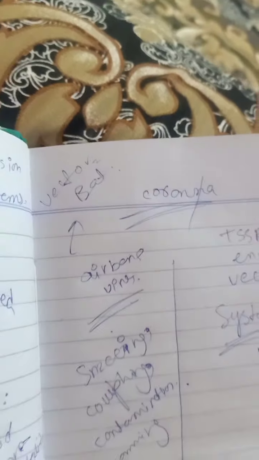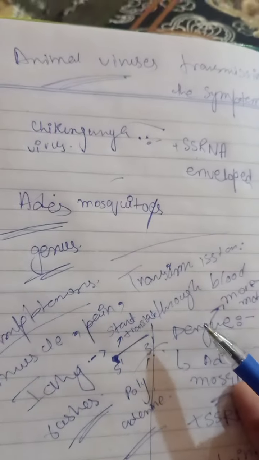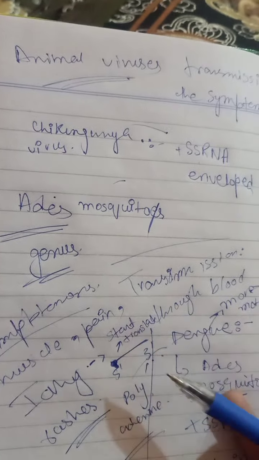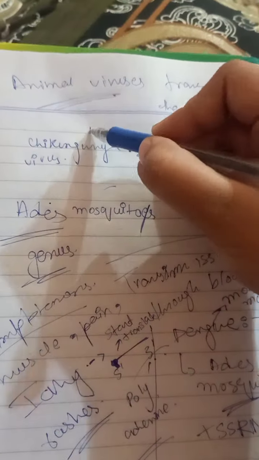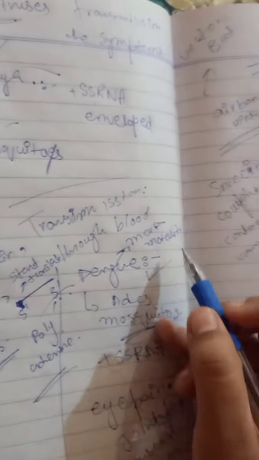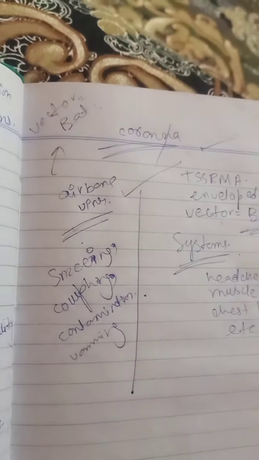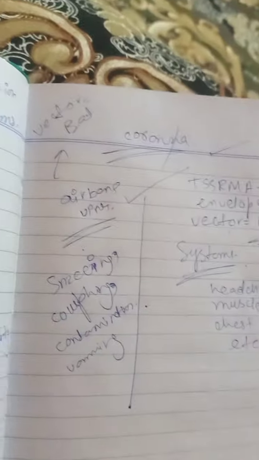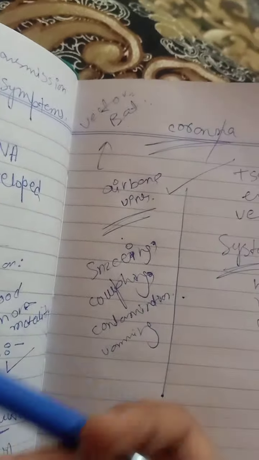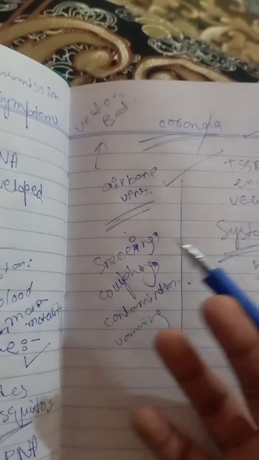Okay, so these were all the animal viruses that affect animals or human beings. The first one was chikungunya, second was dengue, third was corona, and fourth was the airborne disease. These are all viruses that cause disease in our body, and they have symptoms as well as treatment.